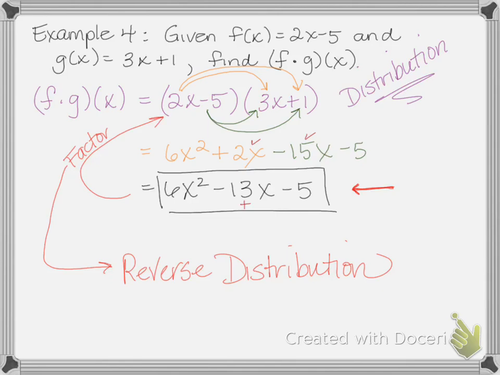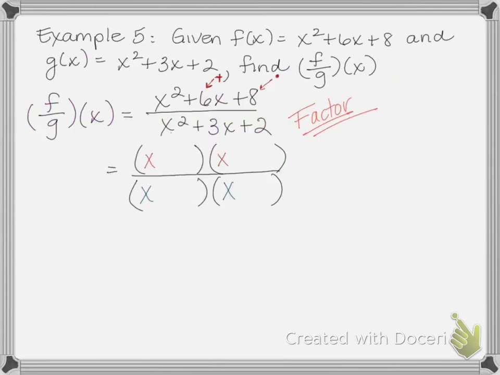Do you notice that? Negative 2x plus negative 15 gave me 13x. And this number here, negative 5, came from multiplying negative 5 times 1, which are both here at the ends, okay? So what I need to do is take that process and recognize that nothing's changing in this problem.